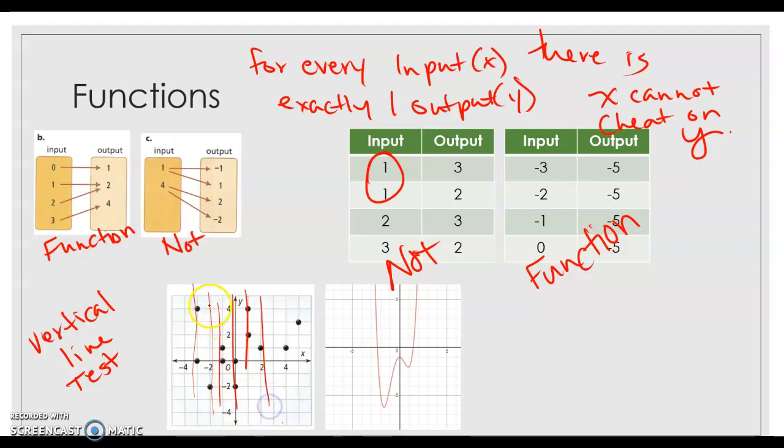And so when we're looking at our dots, we've got trouble here, here, here, and here. So this makes this not a function, but when I draw vertical lines through this graph, I only cross my graph once, which makes this a function. So that's a review of functions.